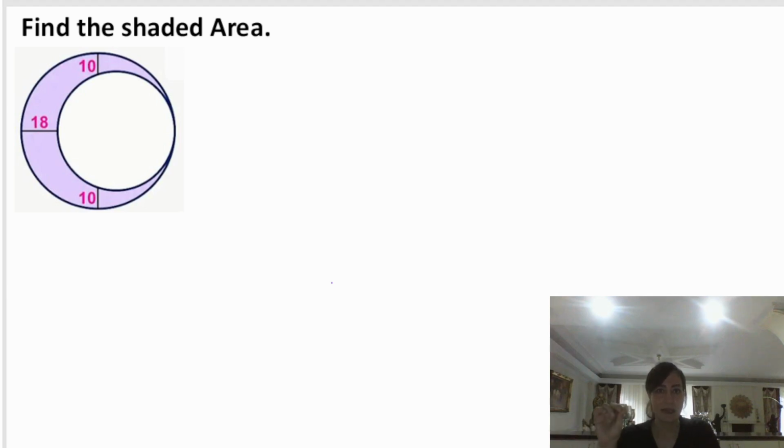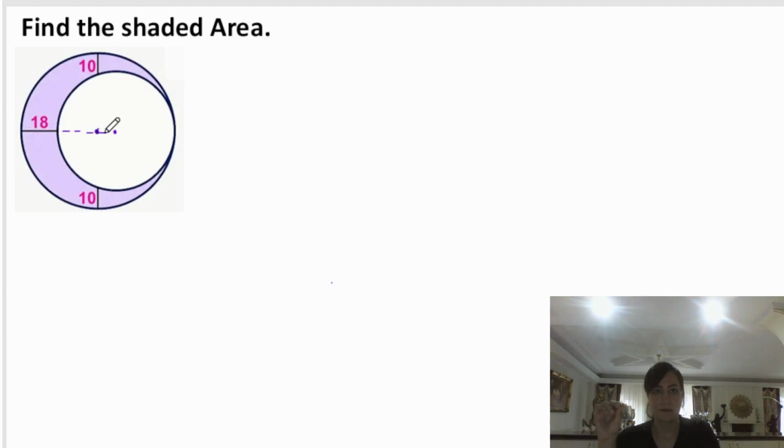The inner circle has its center here, and the outer circle has its center here.